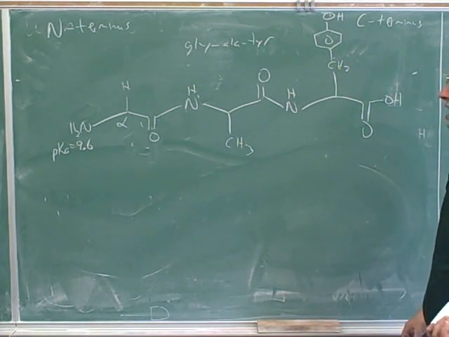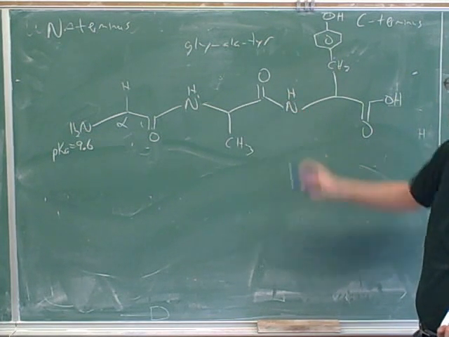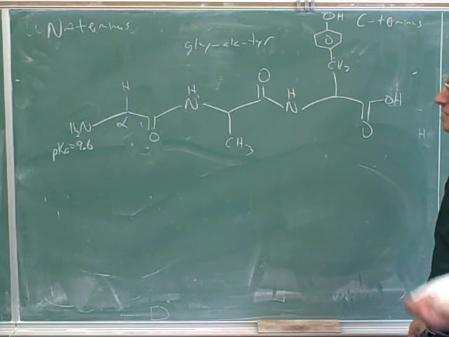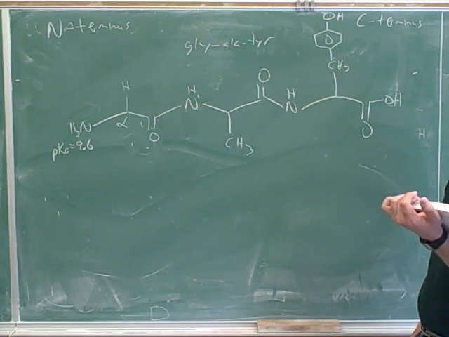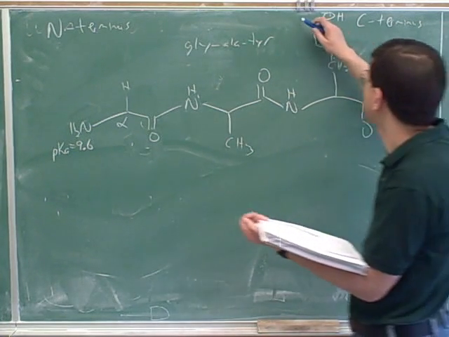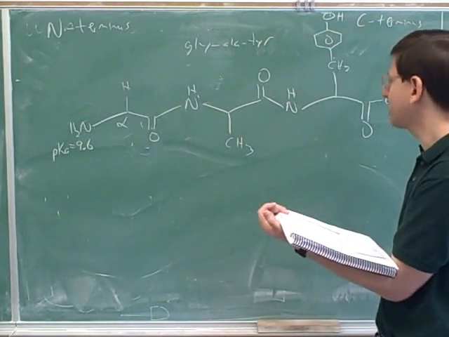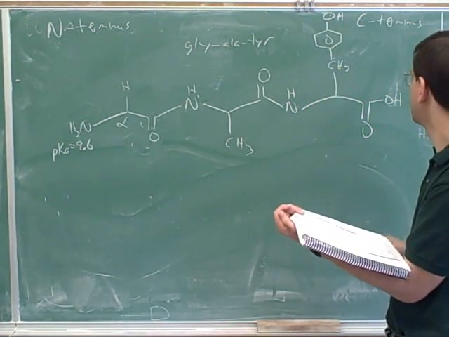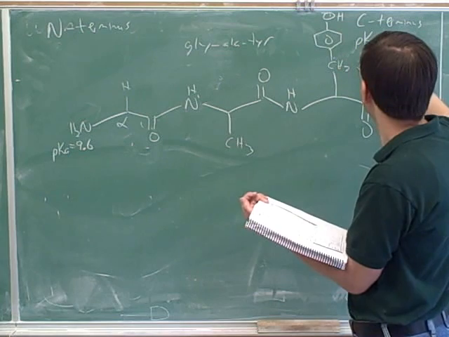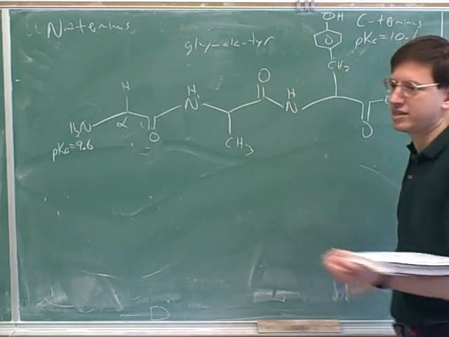Do we need to worry about the pKa of the tyrosine nitrogen? No, because it's part of an amide. Do we need to worry about the pKa of the tyrosine side chain? Yes. It's acidic, that's right. And what's its pKa? 10.1. So we should write that down.